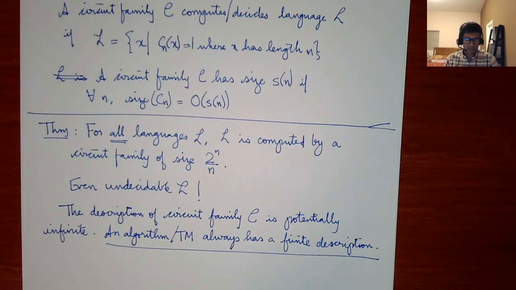A circuit family does not necessarily have a finite description. And that's why it's able to compute undecidable languages, because in some sense we can't really construct circuit families, because we need to do finite constructions.